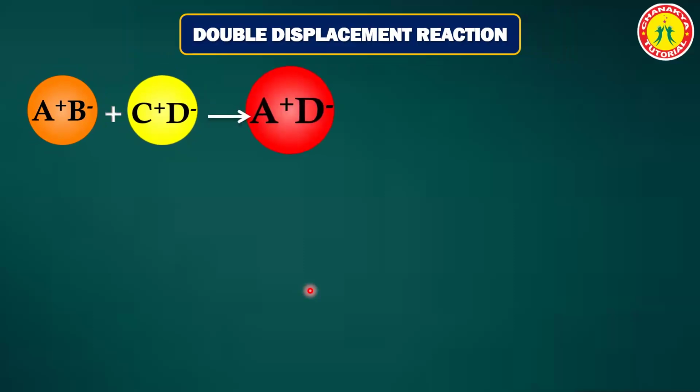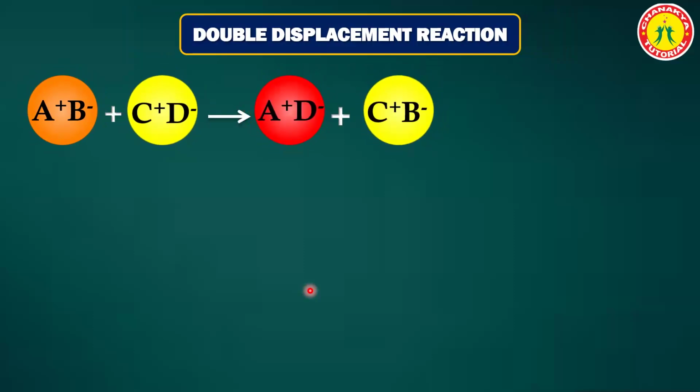Then CD changing into AD plus CB. So here, B will displace D and will combine with C. B minus and C plus will combine to form CB, where A will displace C and form compound AD. So there is double displacement happening.